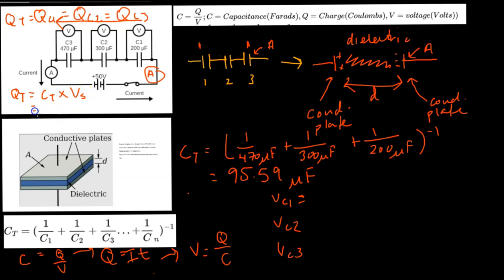So the way we find the total charge is by saying the total capacitance, which we found to be 95.59 times 10 to the negative 6, multiplied by the total voltage, which is 50 volts.